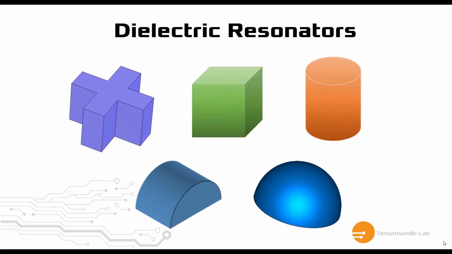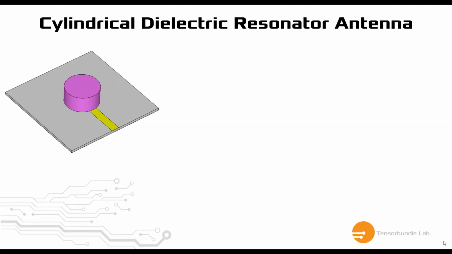So different excitation types would generate different modes inside these resonators, and then you will have different resonance frequency. All right. And most of these resonators do not have closed form equation of resonance frequency. So it's basically determined by using numerical analysis and some kind of curve fitting method. Anyway, so let's proceed to the cylindrical dielectric resonator antenna, which is the main focus of this tutorial.